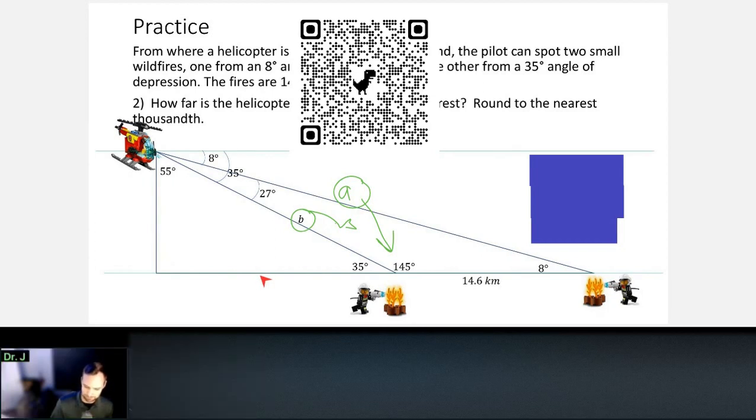Do you see the problem? So if we're using this side and this, well, we would have to use this non-right triangle. So if you use this side and this angle, we have to use this side with this angle. Do you see the mistake, Isabella? I don't think I did a very good job explaining it.